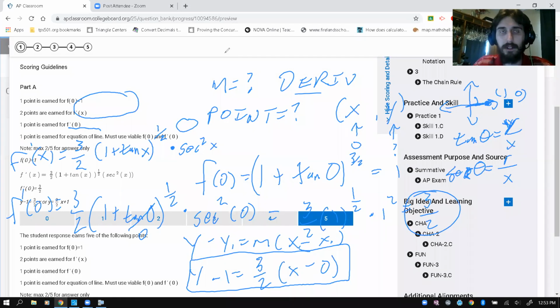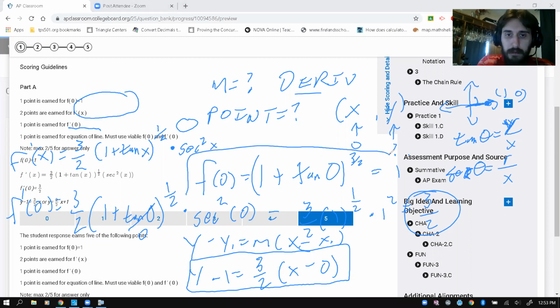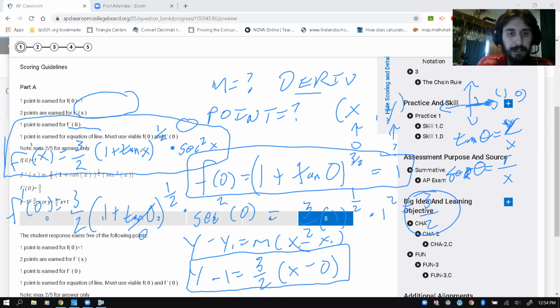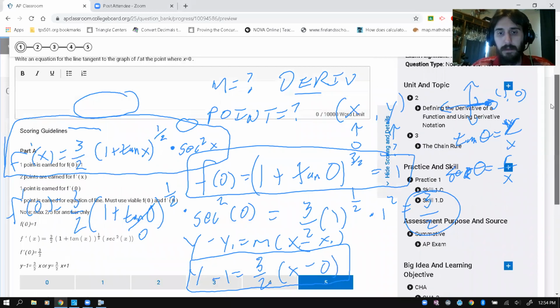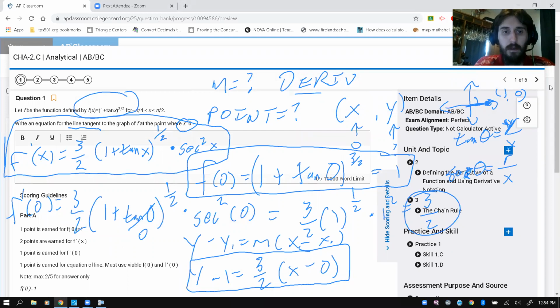So if the only thing you knew was you need slope at a point, I need to find the point, which means I need to find the y value, you would have gotten 1 point for writing this work right here and telling me that the point when x is 0 is y equals 1. 2 points for getting the derivative, so you would have gotten 2 points for correctly doing the power rule and the chain rule here, and then 1 point for finding that f prime of 0 is 3/2, and then you would have gotten your last point for writing your equation of the form y minus 1 equals 3/2 times x minus 0.